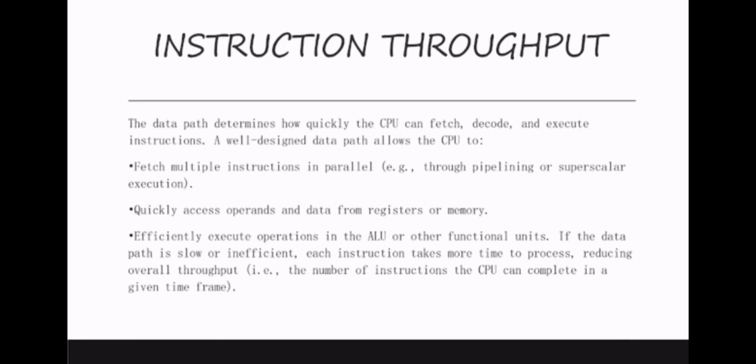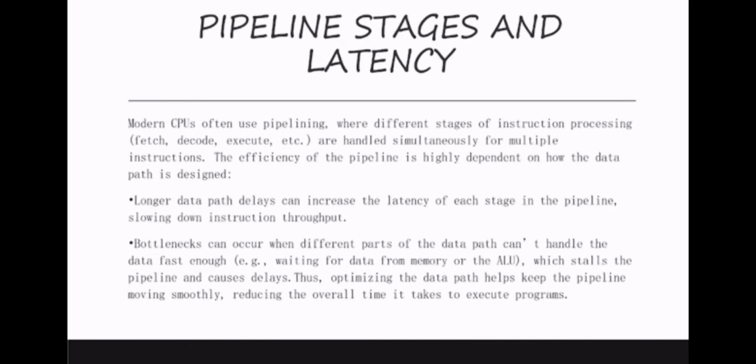Secondly, quickly access operands and data from registers and memory. Efficiently execute operations in the ALU and other functional units. If the data path is slow or inefficient, each instruction takes more time to process, reducing overall throughput. That is the number of instructions that the CPU can complete in a given time frame.